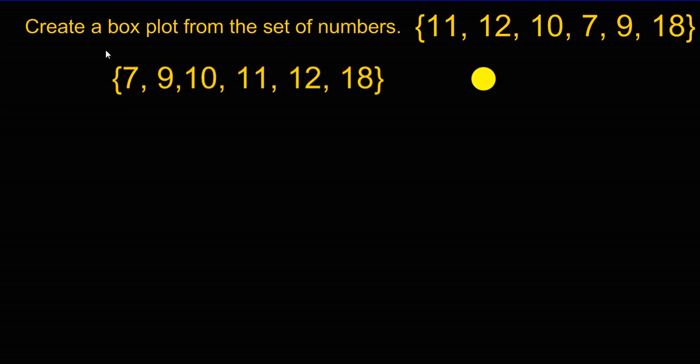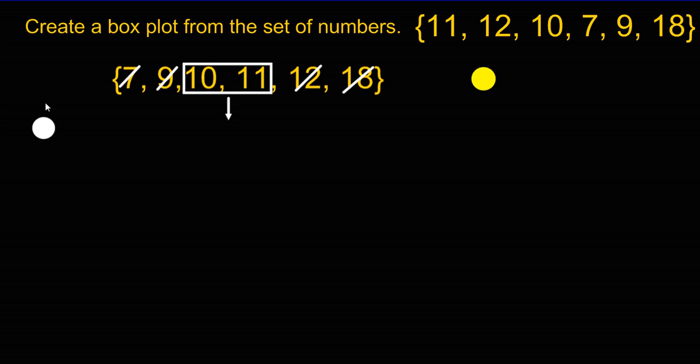The second thing we're going to do is we're going to find the median for this set of data, which means cross off the smallest and the highest until you find that middle number. If it's 2, then you have to find the mean, or the average of the 2. And when we do that, we have 2 numbers in the middle, 10 and 11.